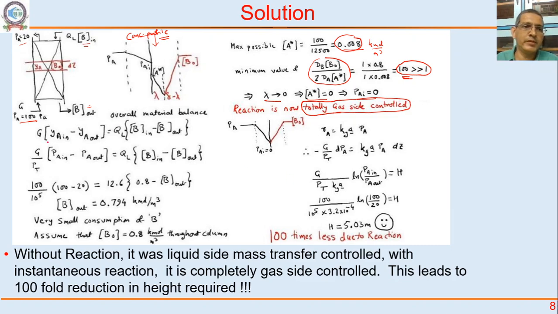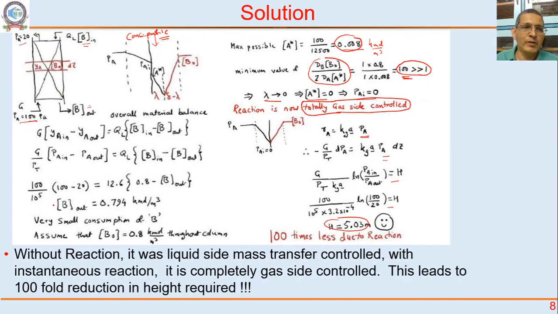Okay, do this. G, overall material balance. Rate is now kGa into PA. Right? This 5.03. Just to make sure that B is not depleting. B is not depleting here. What do we do? G into Y in minus Y out would be equal to QL into B in minus B out.